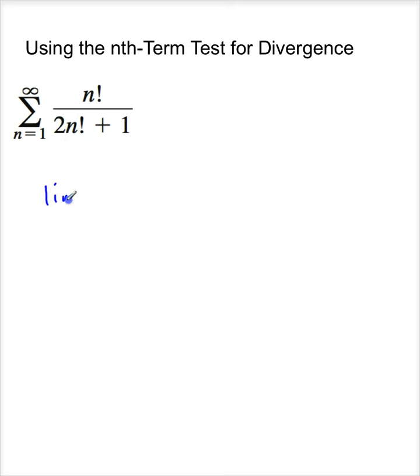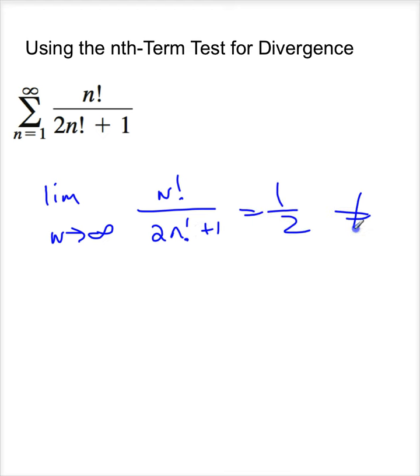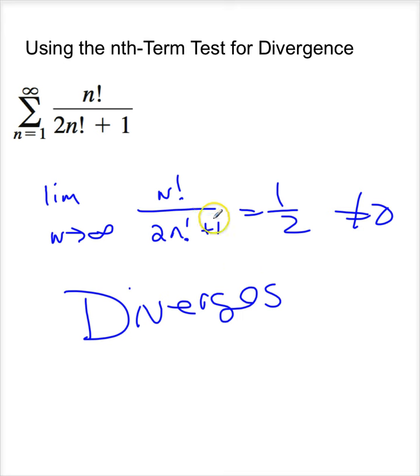The limit as n approaches infinity of n factorial divided by 2 n factorial plus 1 is 1/2. 1/2 does not equal 0, so this sum diverges. Even though the sequence converges, the sum diverges.